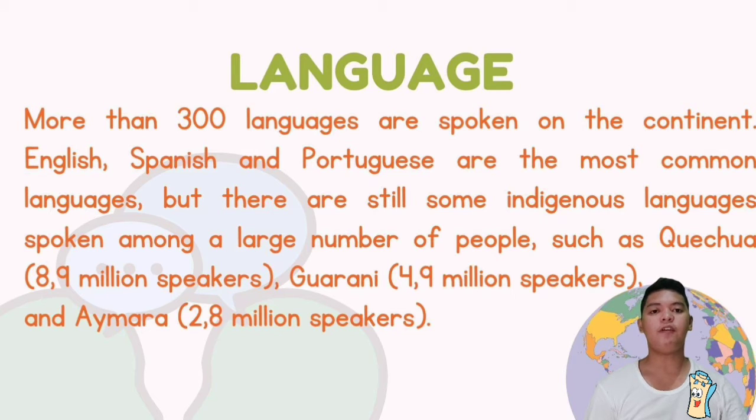Specifically, the primary variety is known as Paraguayan Guarani. It is a South American language that belongs to the Tupi-Guarani family of the Tupian languages. It is one of the official languages in Paraguay, along with Spanish, where it is spoken by the majority of the population and where half of the rural population is monolingual.